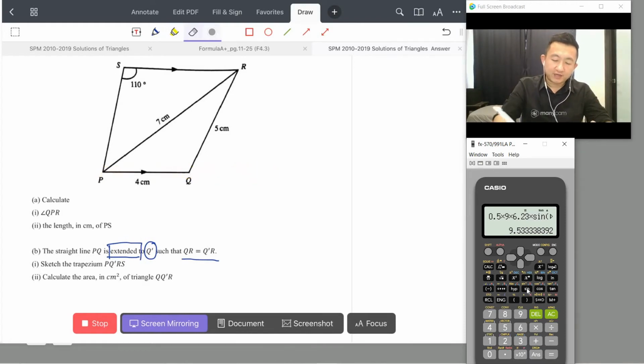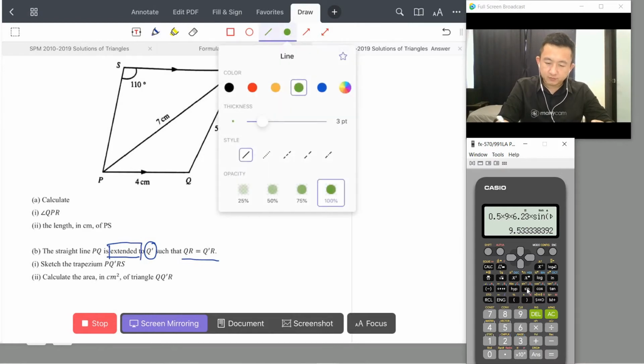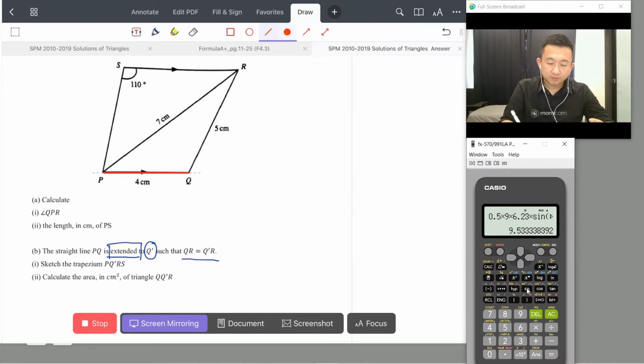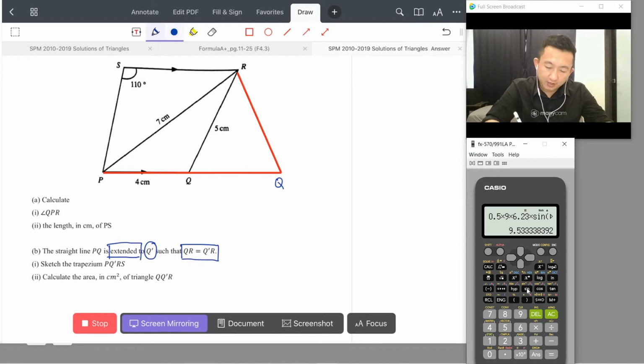What do we have if that's the case? We should have an isosceles triangle, right? PQ extended until you have Q prime here, and QR equals Q prime R. So another isosceles triangle, because you know that QR 5 cm will equal Q prime R 5 cm.